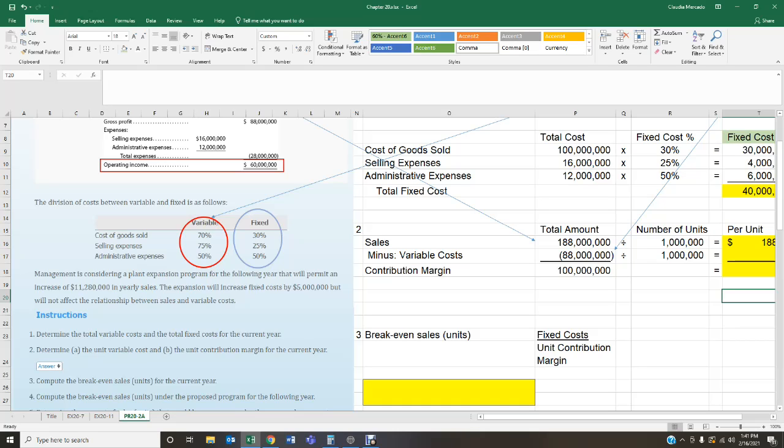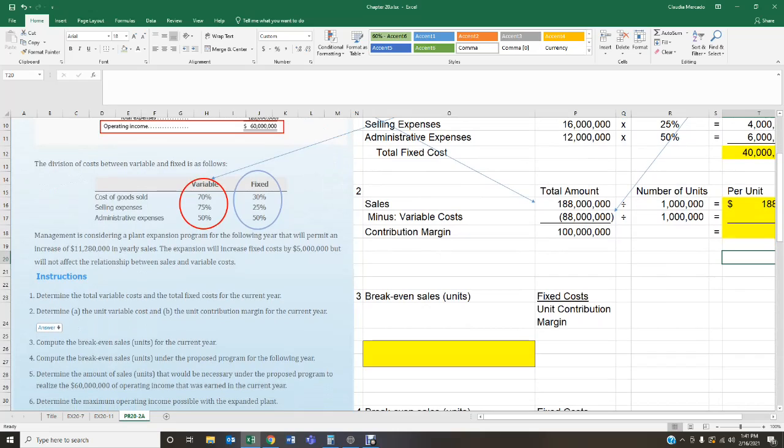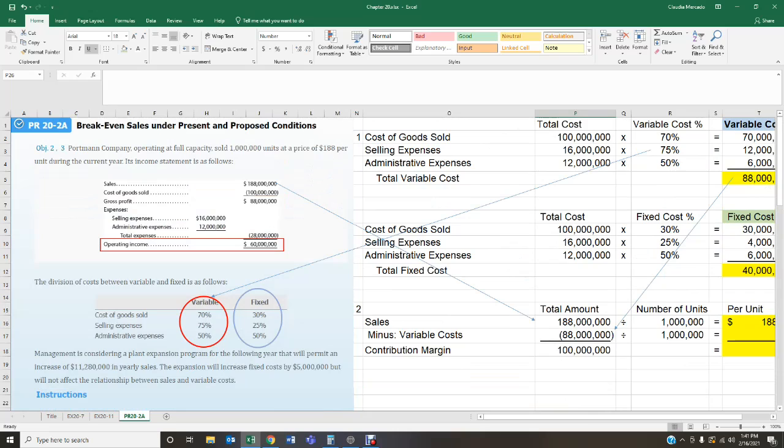Okay, requirement 3. Compute the break-even sales in units for the current year. Okay, break-even sales. How many units do I have to sell to break even? Okay, so for that we have our fixed cost over our unit contribution margin. Okay, so do we have our fixed cost amount provided?